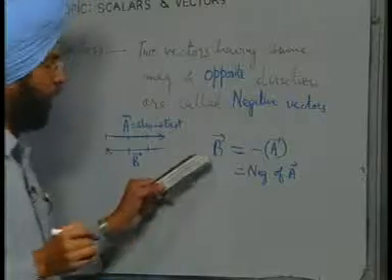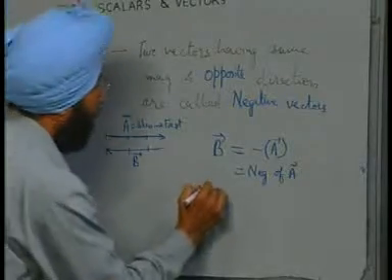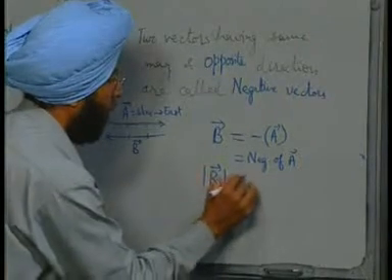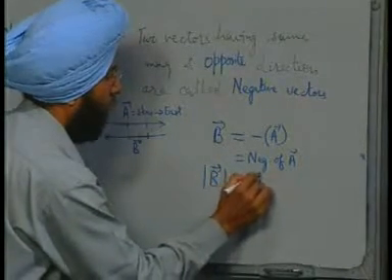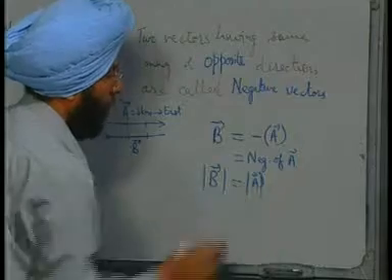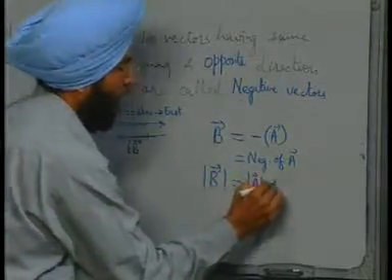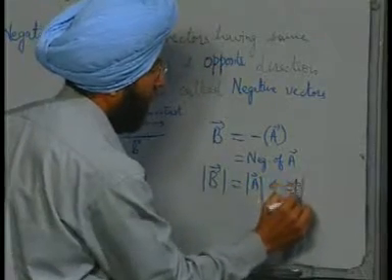So, for B to be negative of A vector, we should have equal magnitudes and opposite directions.